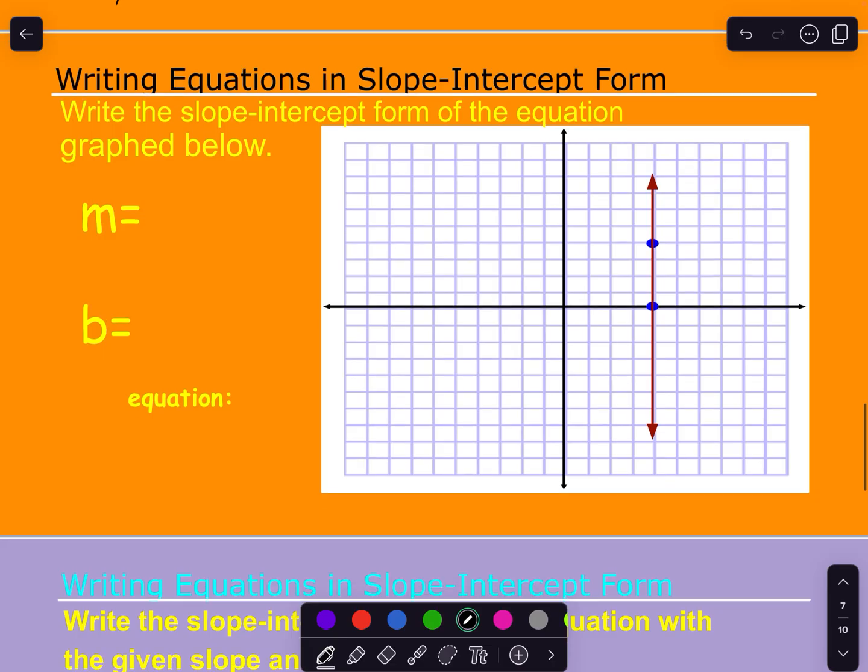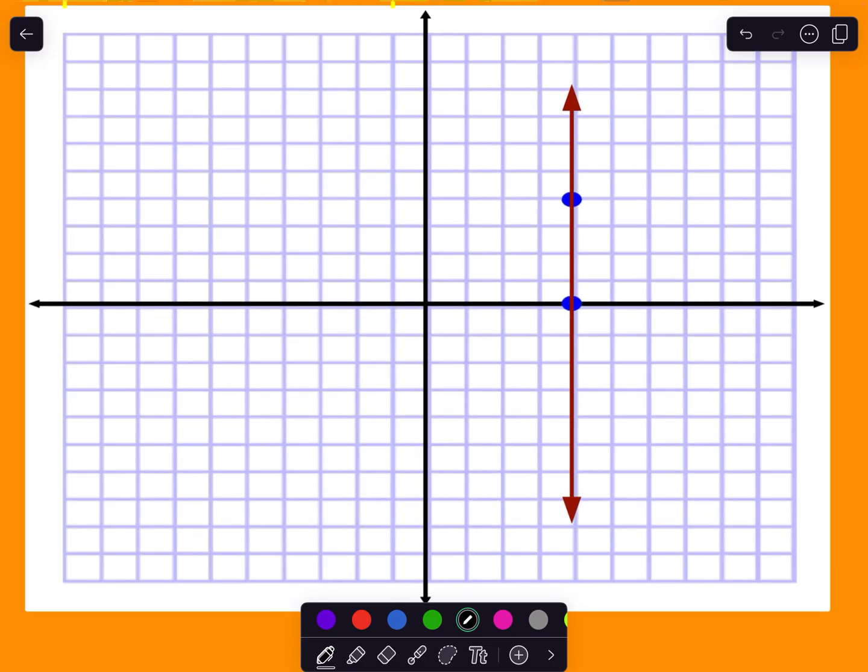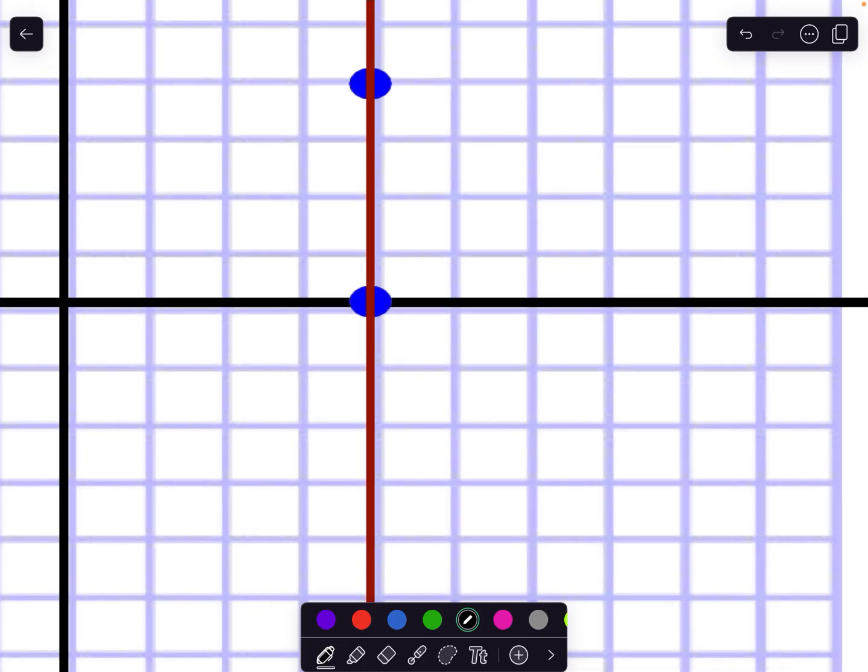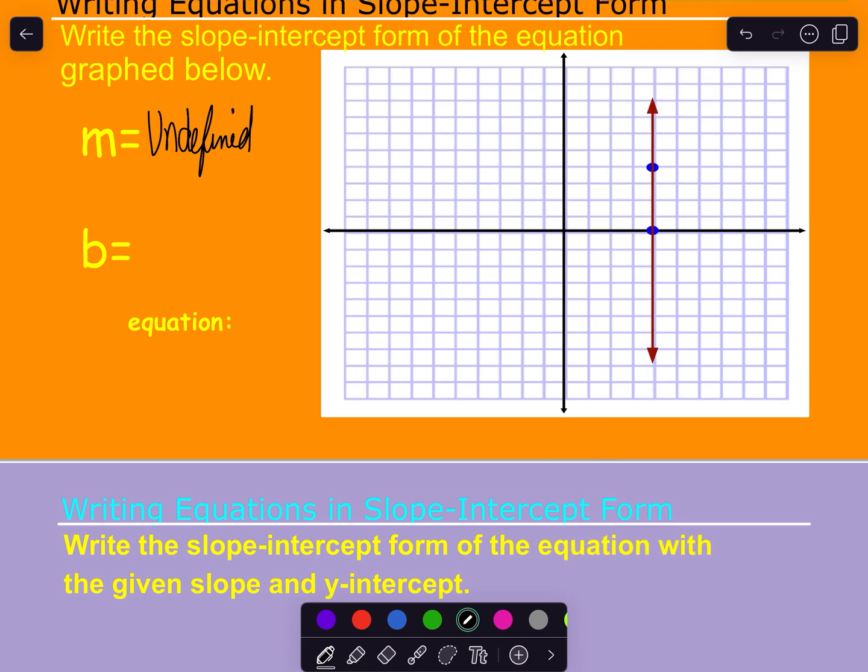For these ones, my slope, I can't find the slope. We're going to call that undefined. If you look at these points, you have to go from the left point to the right point. There is no left or right point. They're stacked on top of each other. And b is also undefined, because it doesn't cross the y-axis. It crosses the x-axis.